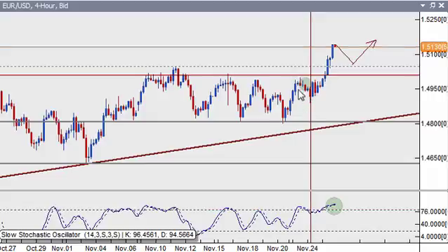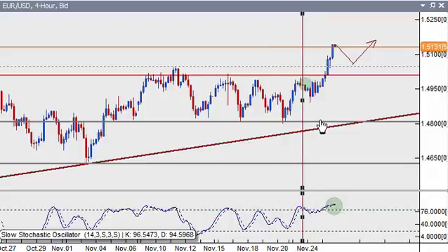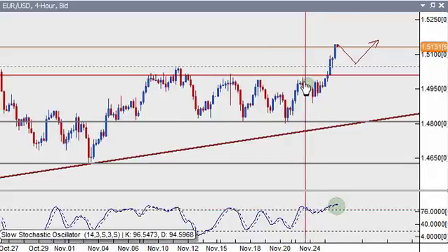So we picked up on this and anticipated the decline to test our 1.48 area, but it doesn't always have to, and in this case the Asian session brought the pair down to the middle of this range basically, and then in the European session, the market rallied, and in the US session it surged and broke our previous resistance.